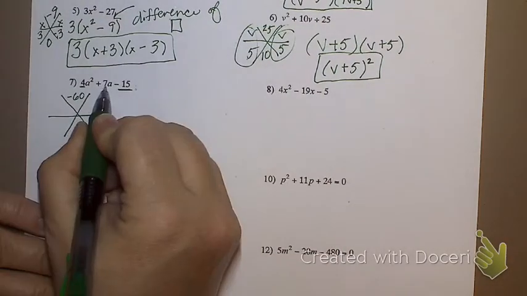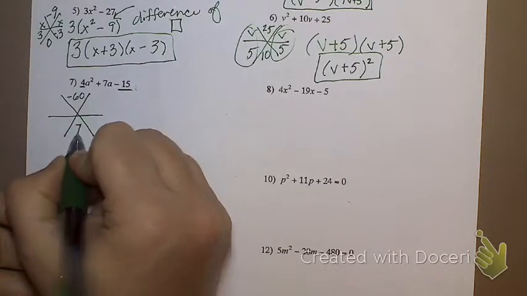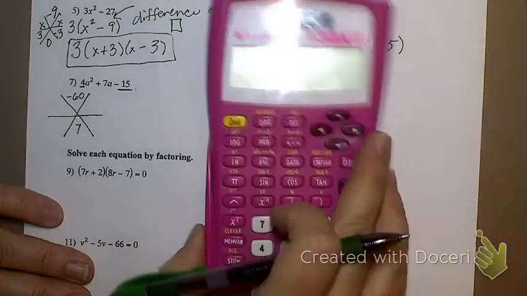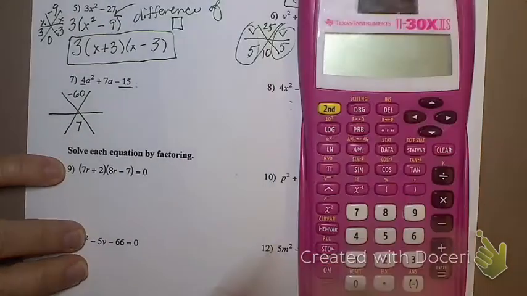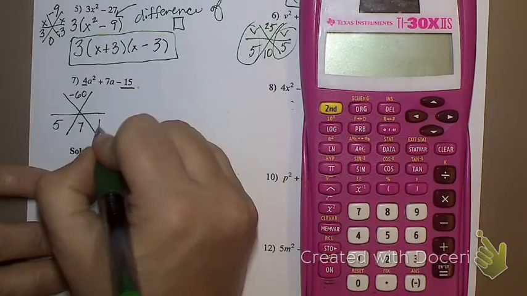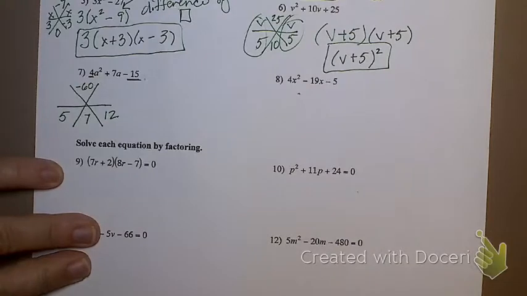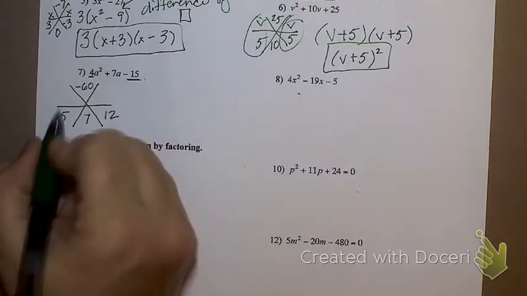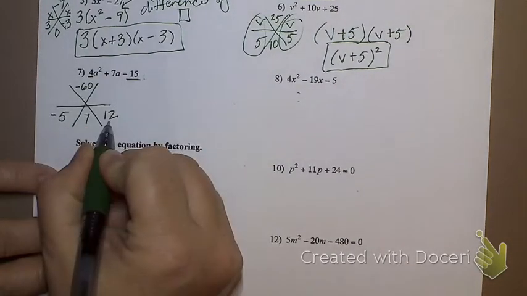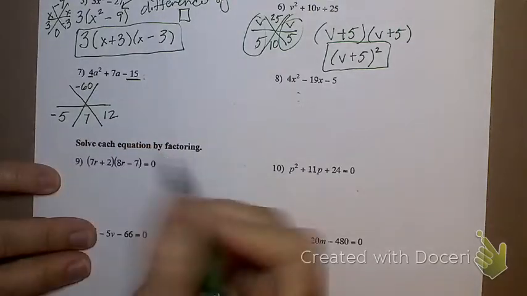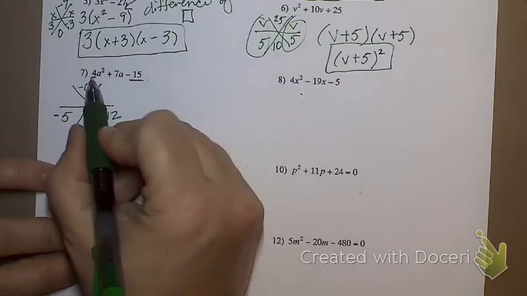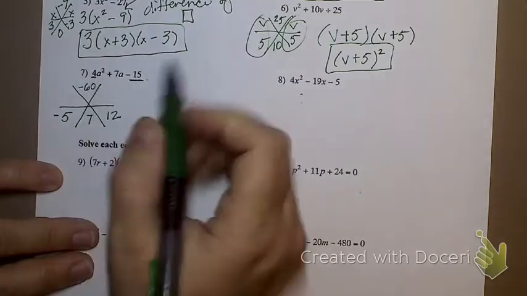And then on the bottom goes 7. So I need two numbers that multiply to get 60. Look at you. 5 and 12. Which one has to be negative? 5 has to be negative because if you made the 12 negative, that would get you negative 7, not positive 7.